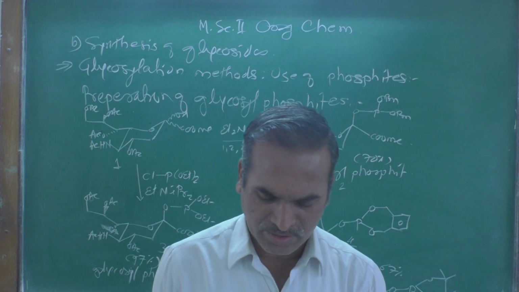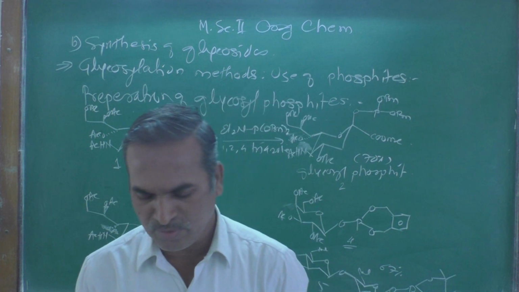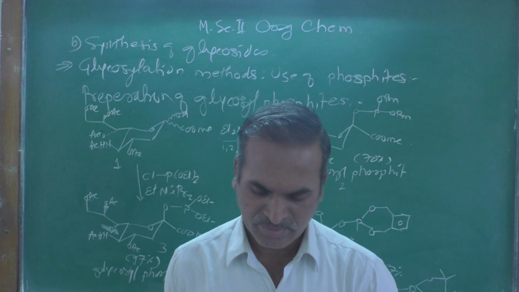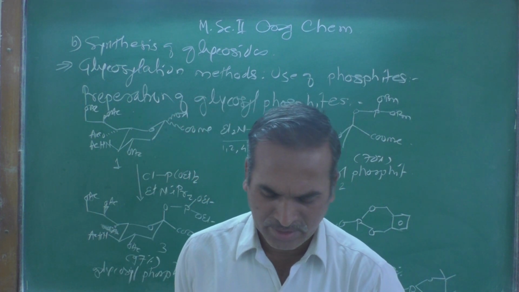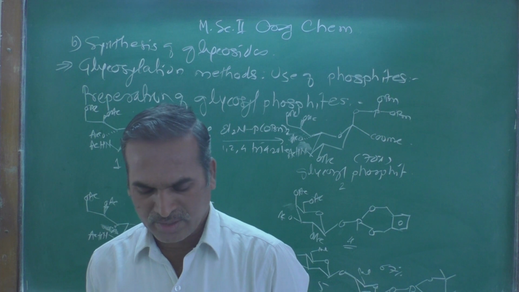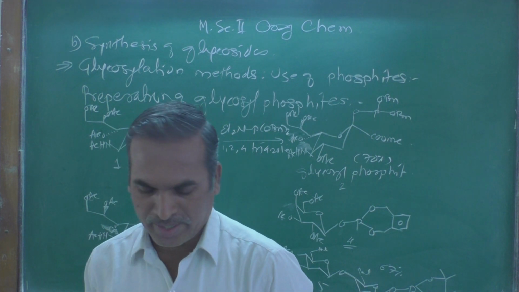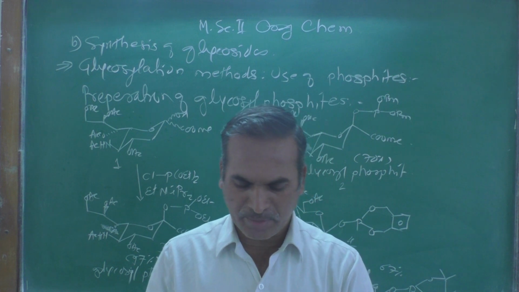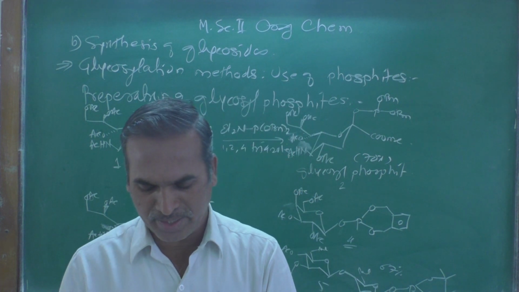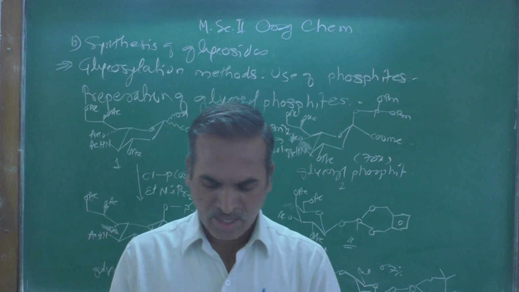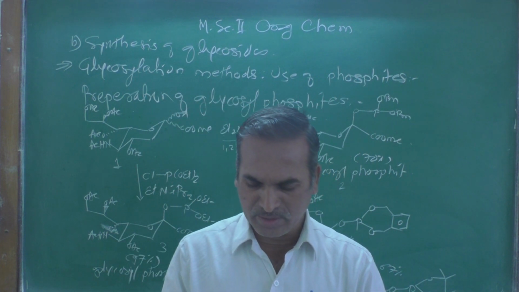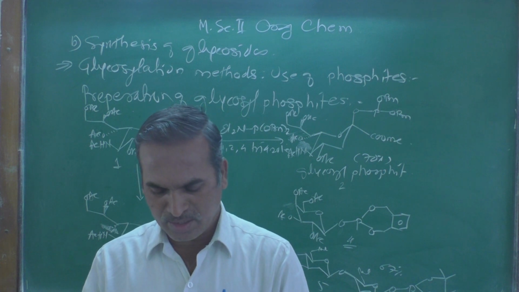Several phosphorylation reagents are now available for the preparation of glycosyl phosphites and with desirable reactivity. Factors known to affect the anomeric ratio in the preparation of glycosyl phosphate include the anomeric composition of the starting hydroxyl compound.